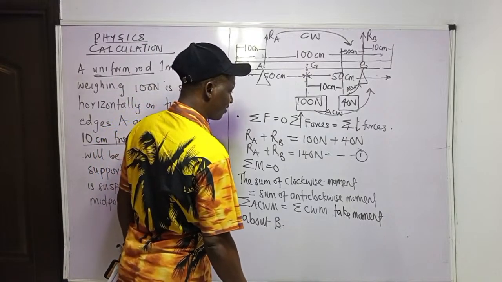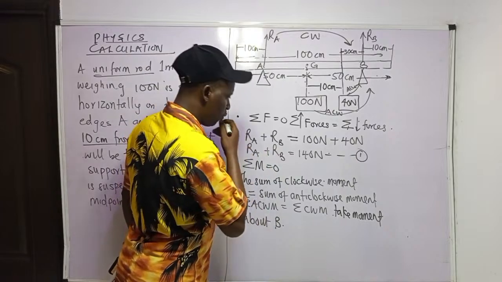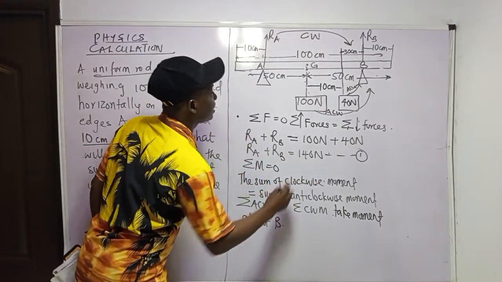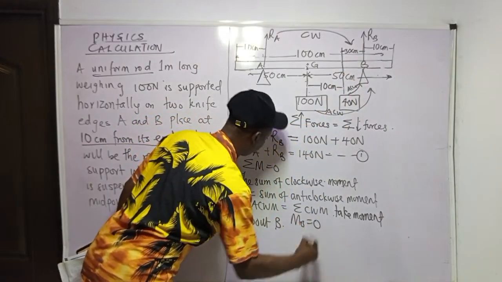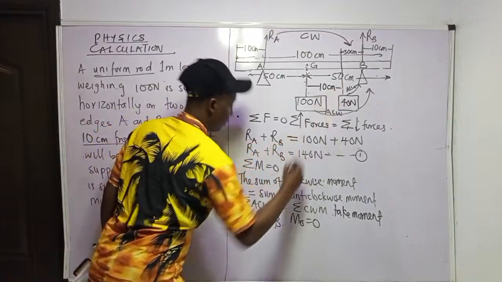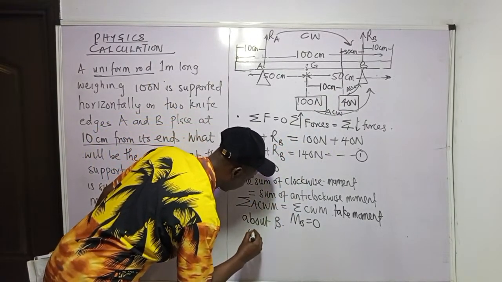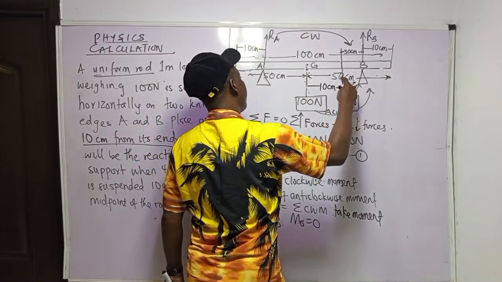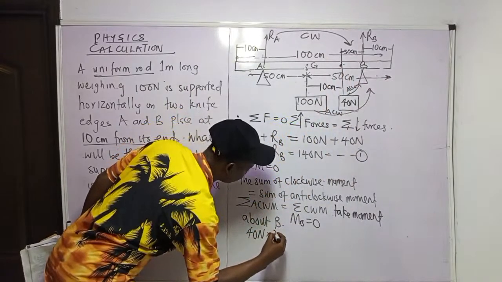Having known that, since you are taking moment about this point, the moment about B is equal to 0. We are taking the 40 Newton times the perpendicular distance, which is 30.